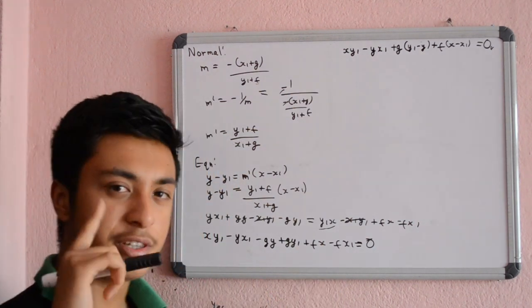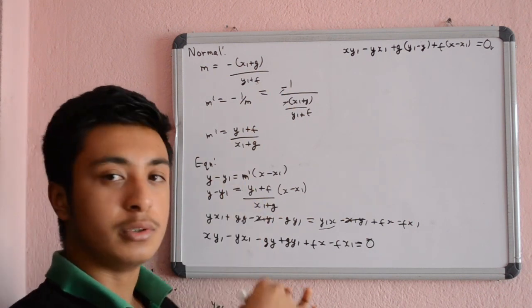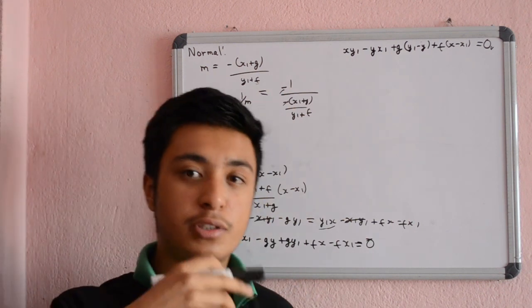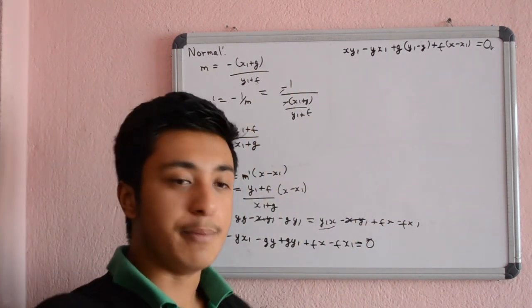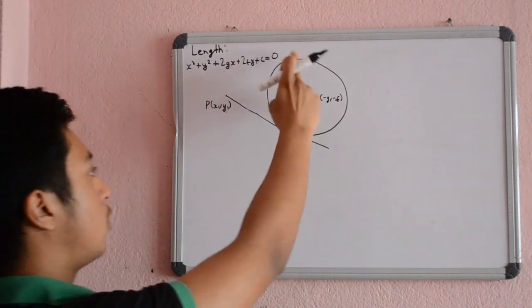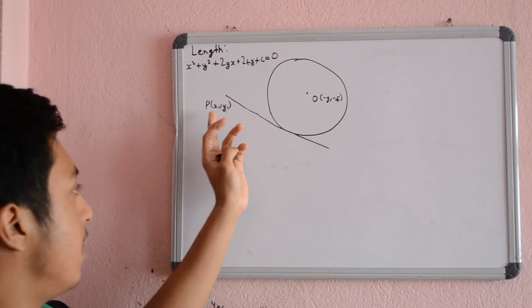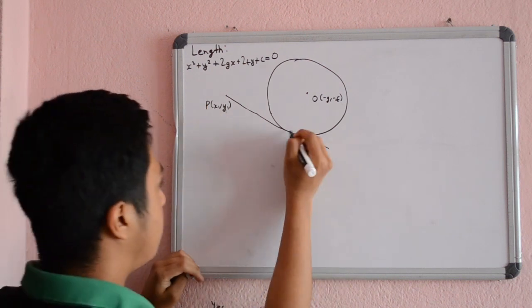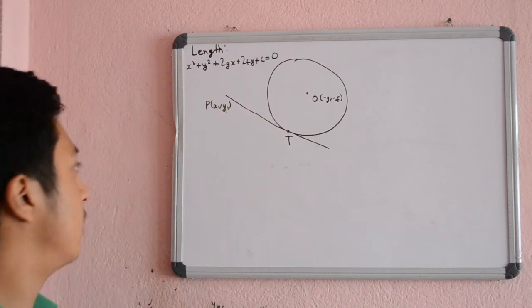But there's one thing more. The length of a tangent from a point to the touching point on the circle. And this one is actually a bit interesting, so let's do it over here. Let's say we have a circle over here and a tangent from a point x1, y1 to this point over here, T. We want to find the length PT over here.